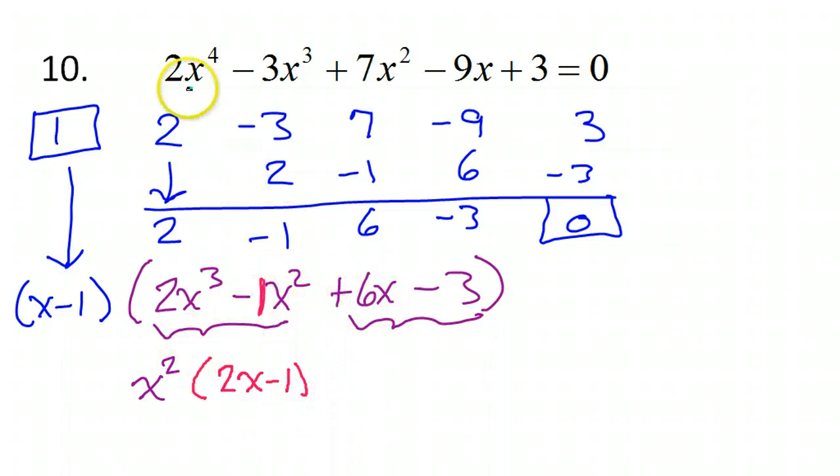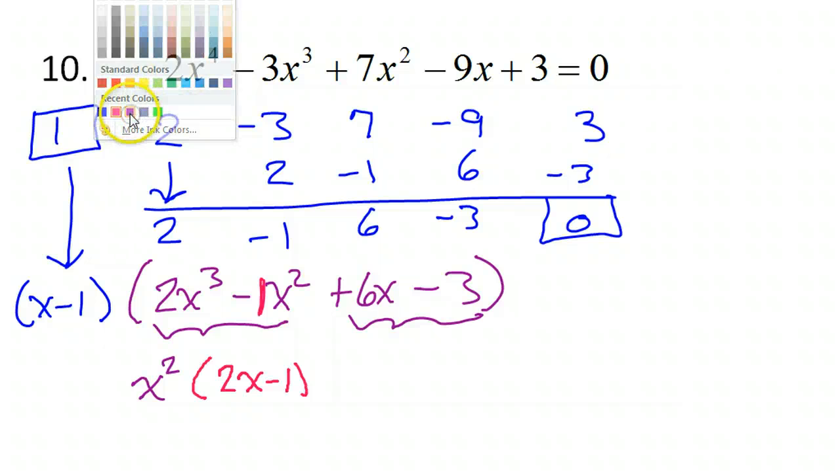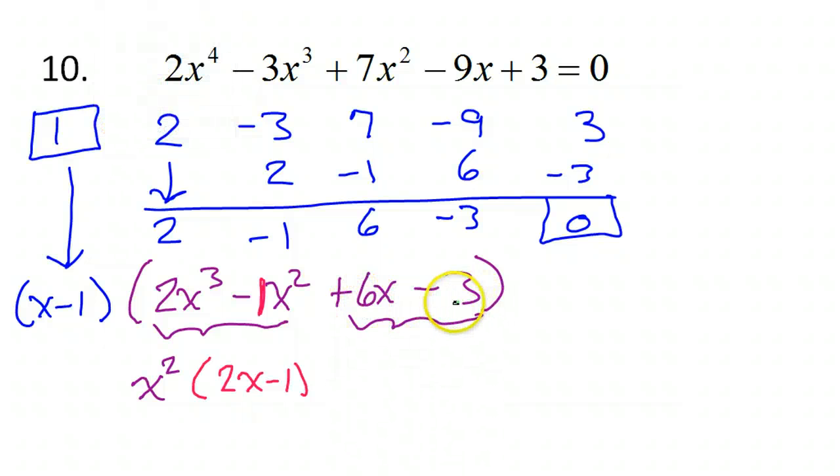Okay, now over here, these are both divisible by 3, so I'm going to pull out a common factor of 3, and dividing both of these by 3 is what I'm really doing now. Will give me 2x minus 1.